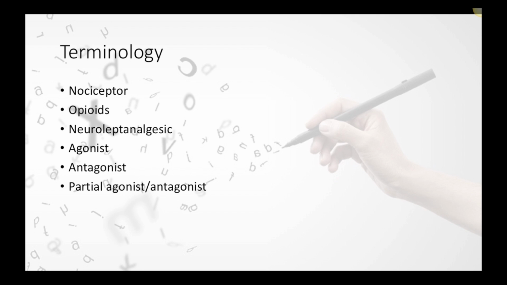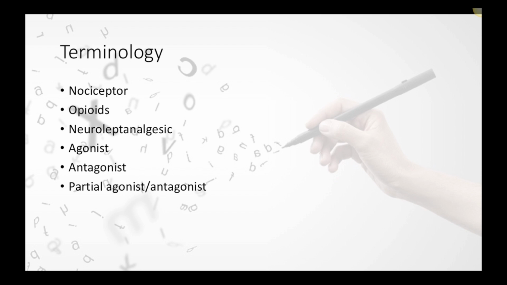Neurolept analgesic is a form of analgesia and essentially sedation, where we're mixing analgesic drugs with sedatives or tranquilizers to get a combined effect. An agonist is a drug with a good affinity for that specific receptor, and an ability to produce an intrinsic effect on the receptor or on the cell.